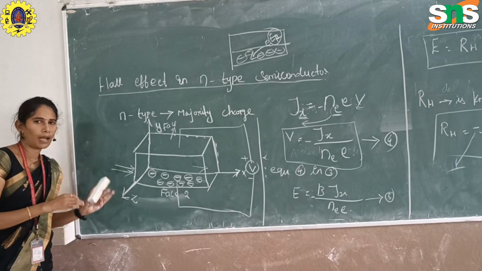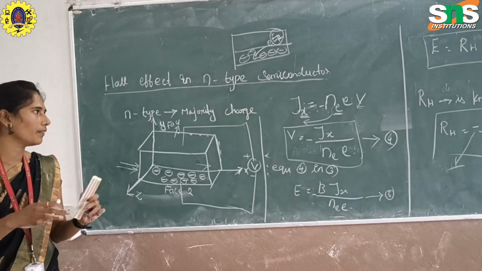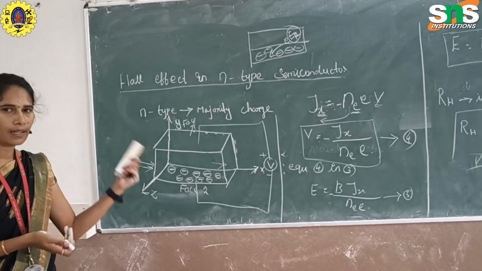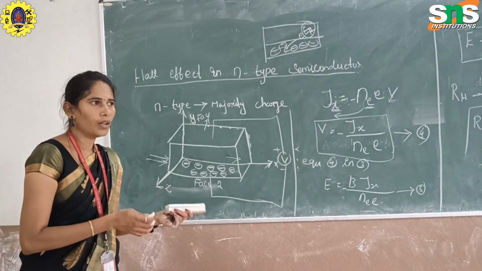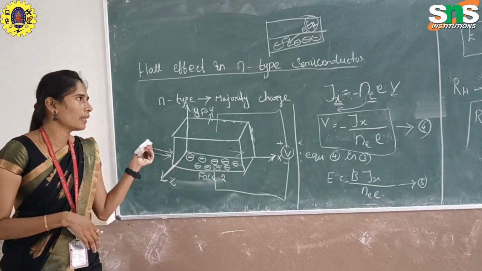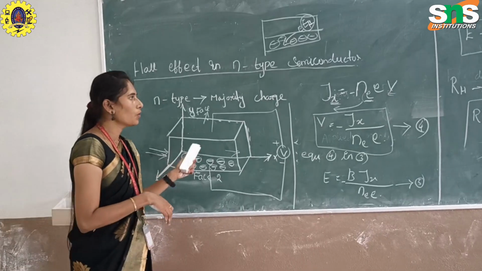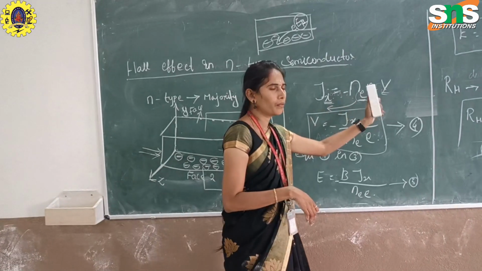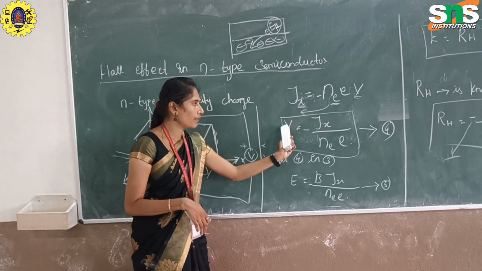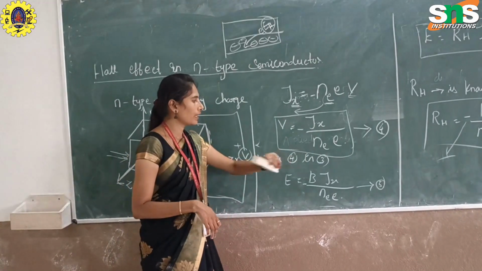Okay, what is the value for the magnetic force? BeV. At equilibrium condition, the magnetic force and the electric force are equal. Then after introducing the current density, J is equal to Ne into V, we find the velocity V.